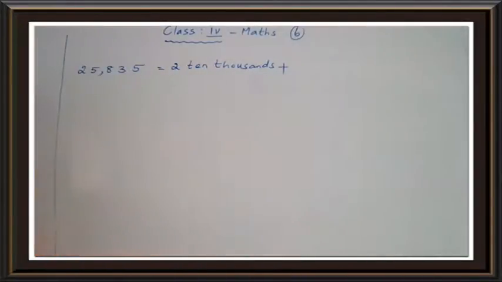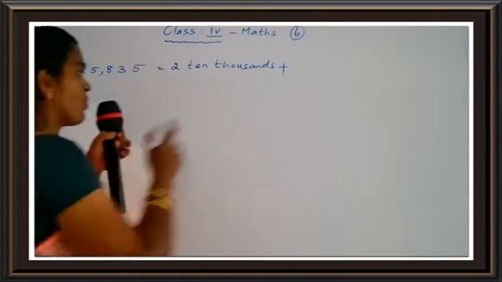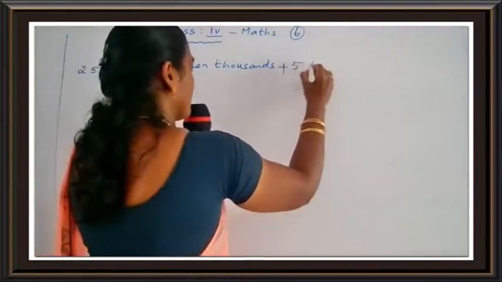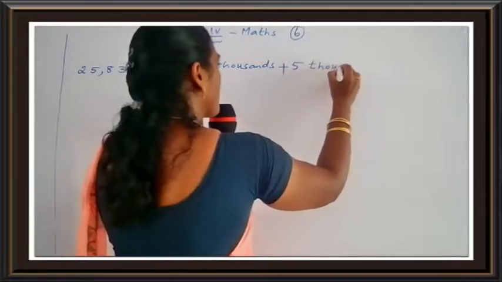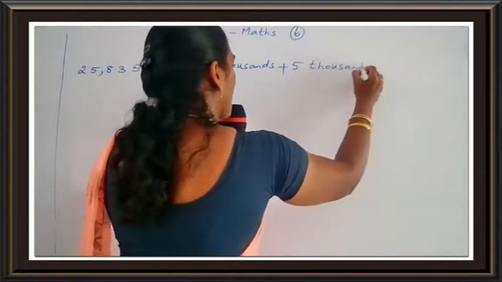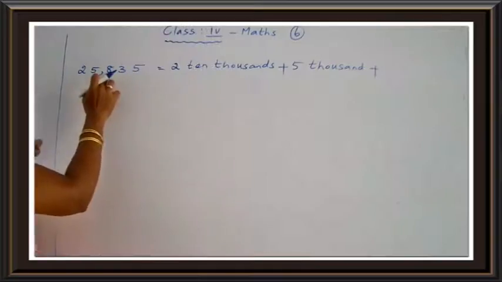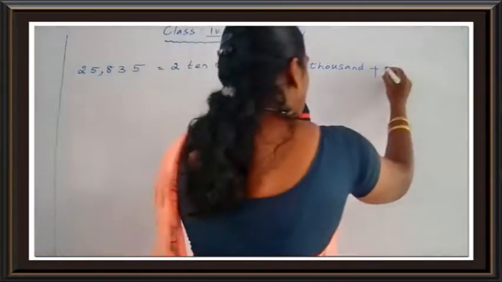Plus next digit. What is the next digit? 5. Okay. So what is the place value of this 5? 1, tens, 100, 1,000. So 5,000. Plus next 8. 1, tens, 100. So 800s.